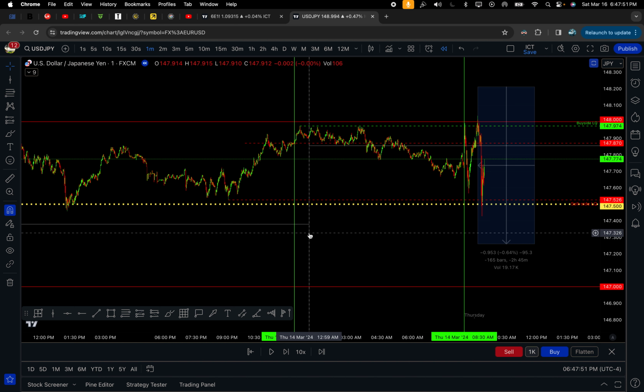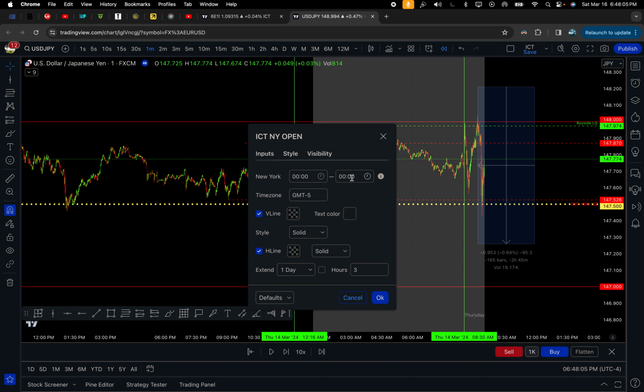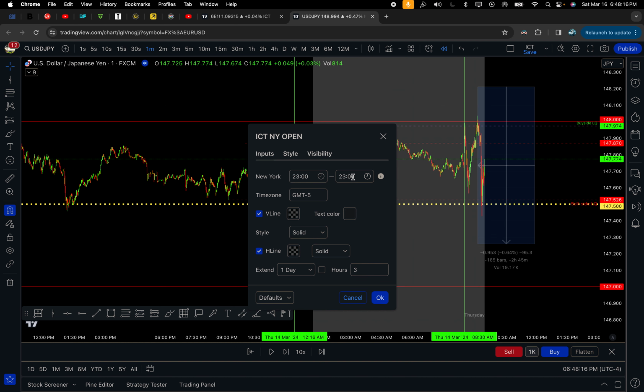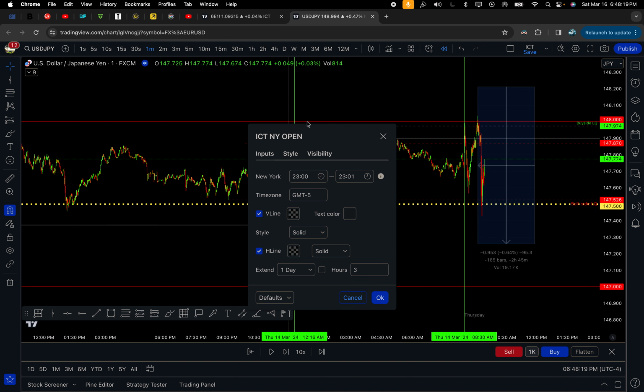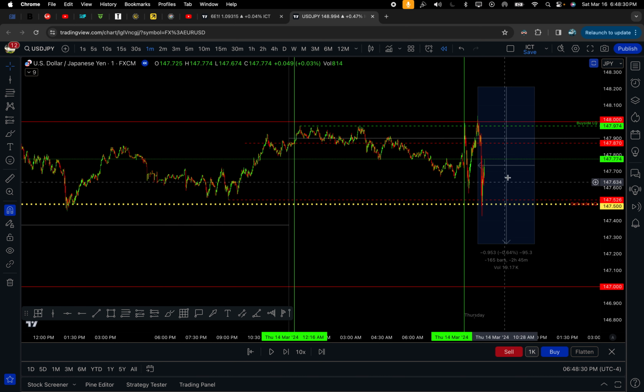I switch it over sometimes. I guess it's 23. Whatever, that's midnight. So anyway, this starts our day to find our daily range.